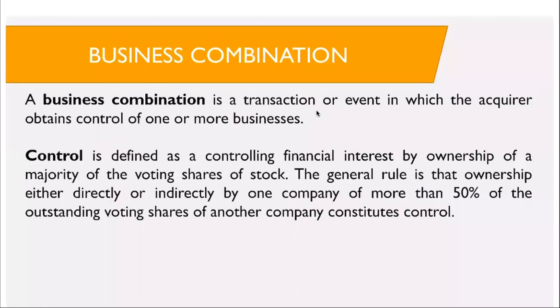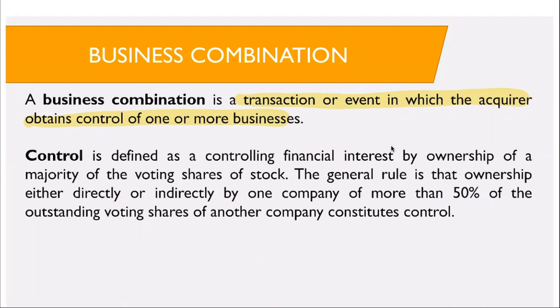Business combination is defined as a transaction or event in which the acquirer obtains control of one or more businesses. So if a transaction has the substance of getting control over one or more businesses, it is known as a business combination.